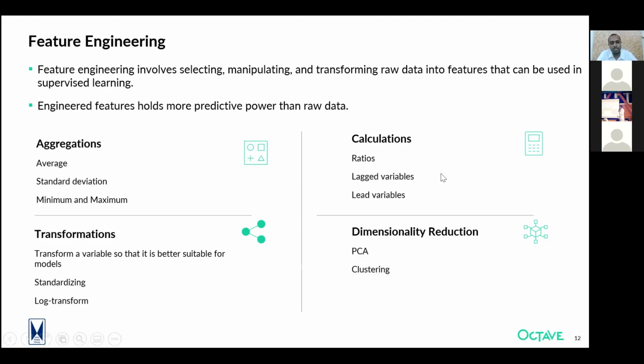For example, if we have a substantial number of features, by using principal components analysis we can pick a lower number of features which explain the exact same variance, right? Further, we can use techniques such as clustering as well.